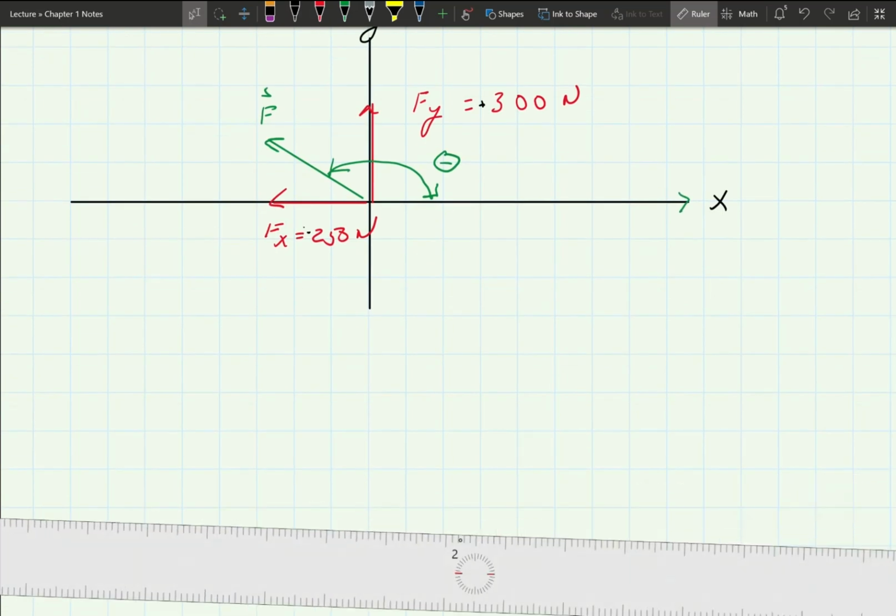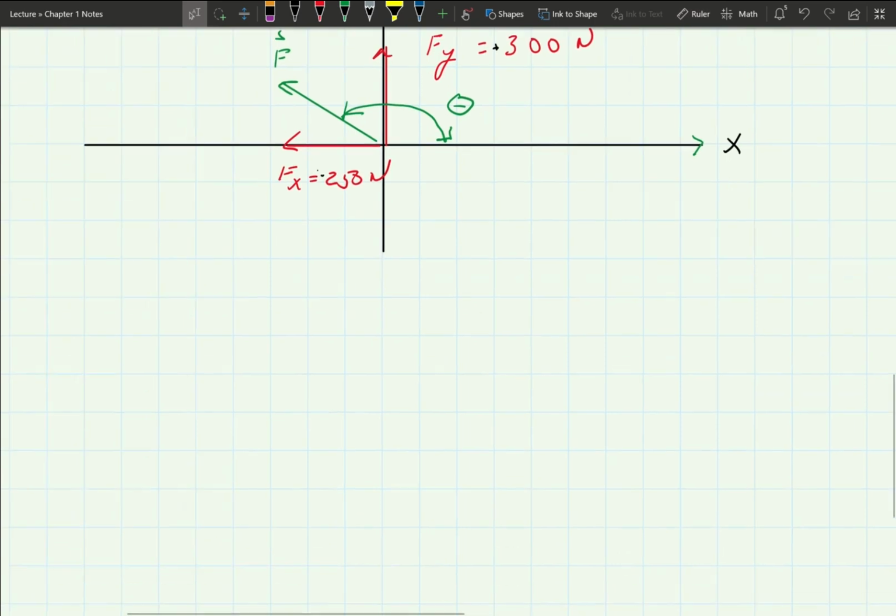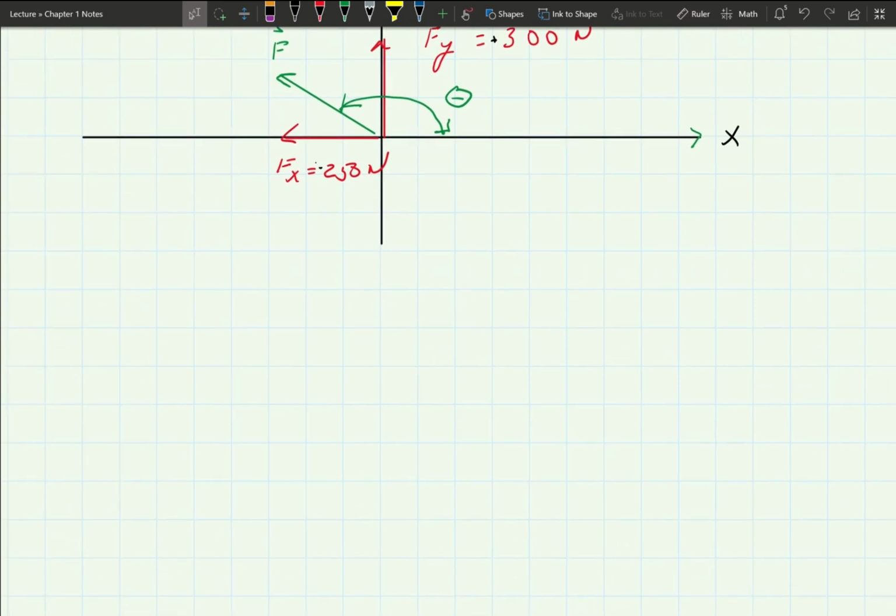Okay, so the very interesting one of this is most of this is just some simple math. Okay, so we have a triangle that's set up here. So if we want to find the angle, we'll use tangent.